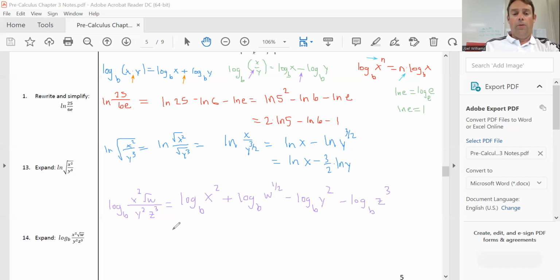And then we got a whole bunch of exponents here. So every one of these exponents, they're going to go in front of the log. Again, this is called expanding.